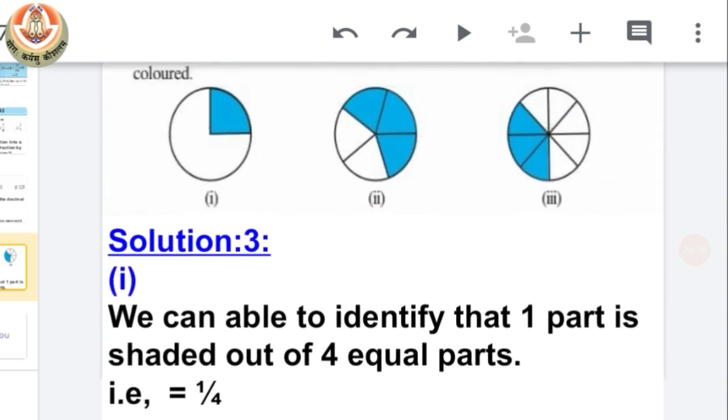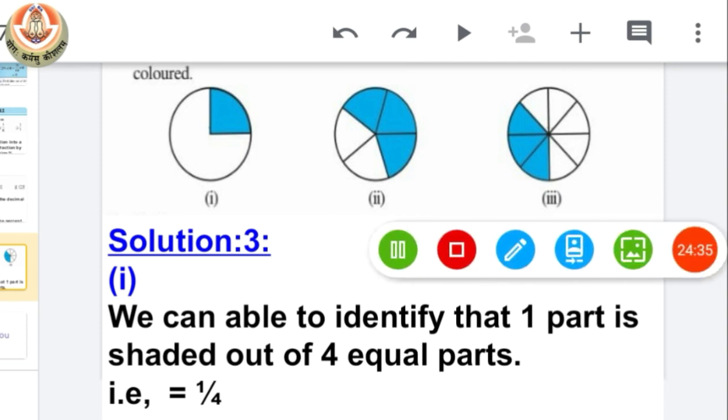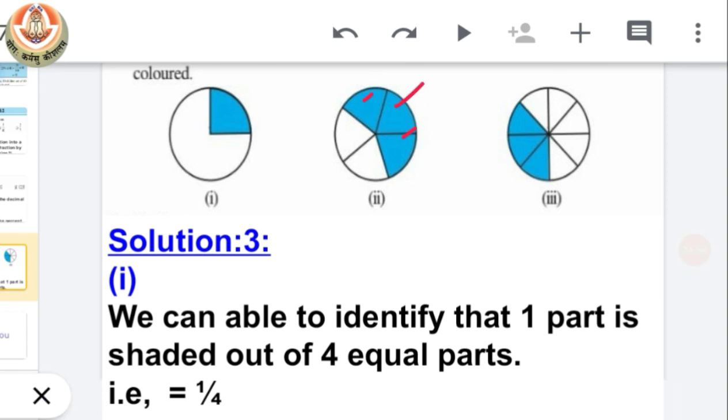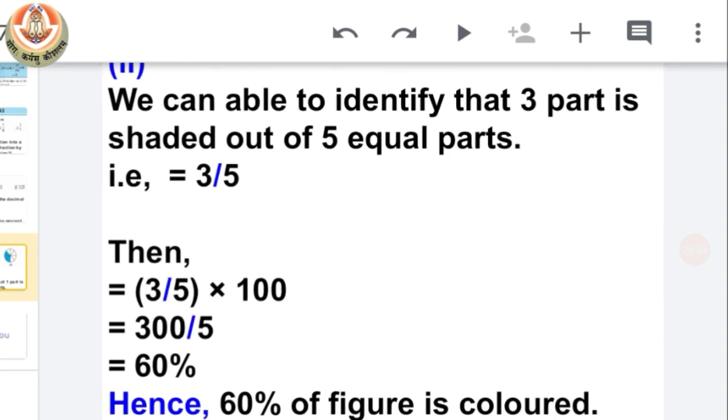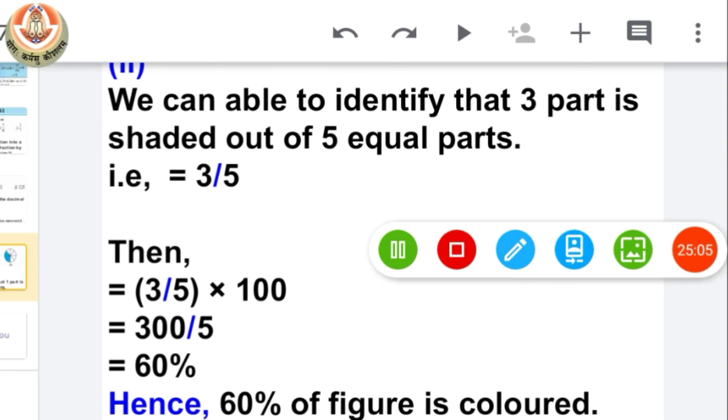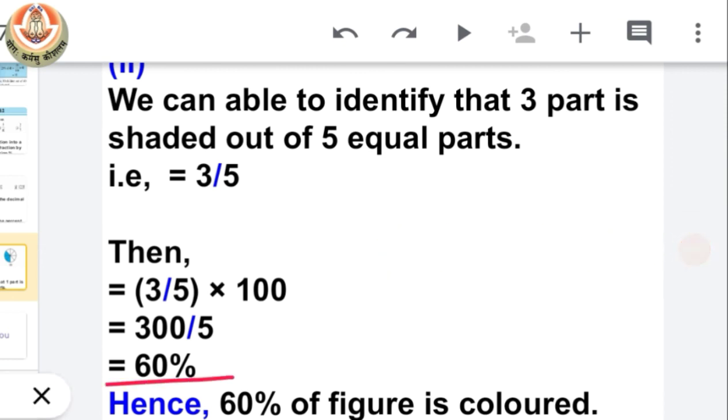Now in the second part we have 3 out of 5. You can see here 1, 2, 3. 3 is colored out of 5, so that is our fraction. You just multiply it by 100 to convert it into percentage. We have 3 by 5, and when we multiply it by 100, we get 60% as the answer.